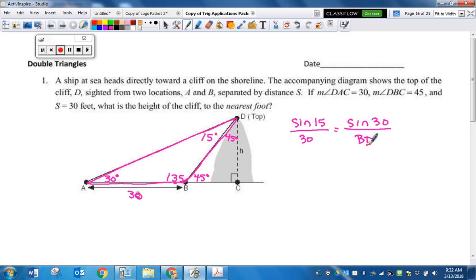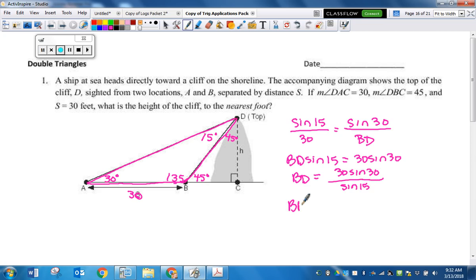I'm trying to find BD right now. And we've been doing this long enough. Cross multiply: BD times sine 15 equals 30 times sine 30, which means BD is going to be equal to 30 sine 30 over sine 15.